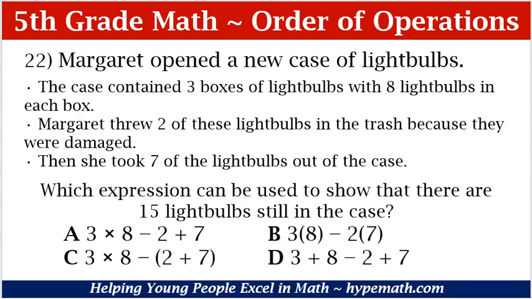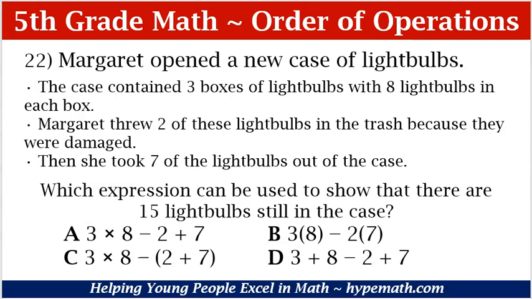Margaret opened a new case of light bulbs. The case contained 3 boxes of light bulbs with 8 light bulbs in each box, okay? Also, Margaret threw 2 of these light bulbs in the trash because they were damaged. Then she took 7 of the light bulbs out of the case. Which expression can be used to show that there are 15 light bulbs still in the case?